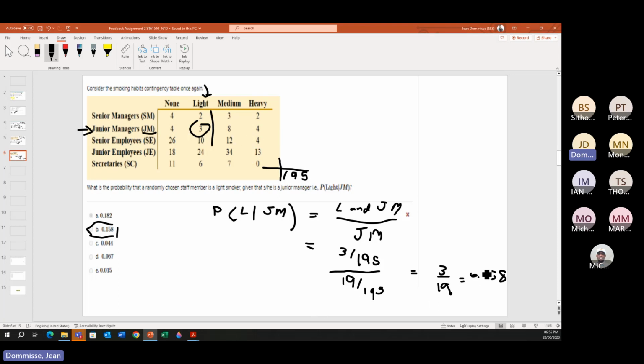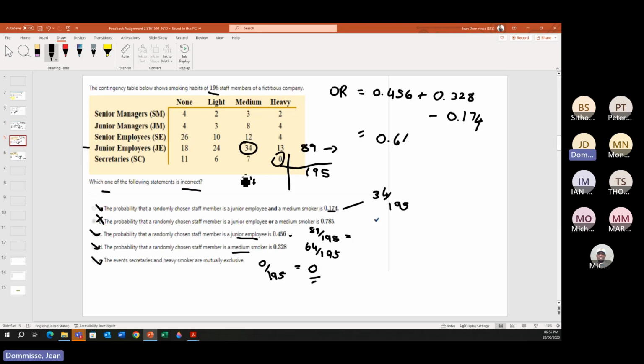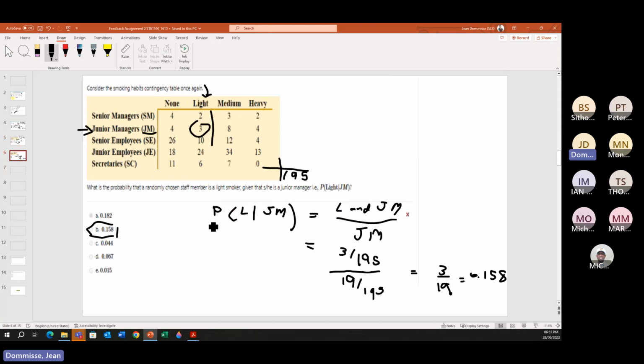So 3 divided by 19 gives us 0.158, which is option B. So the first one was a table to work out probability and mutual exclusivity, nothing of independence in here. Here they ask you to work out something by working out that it's given something else.